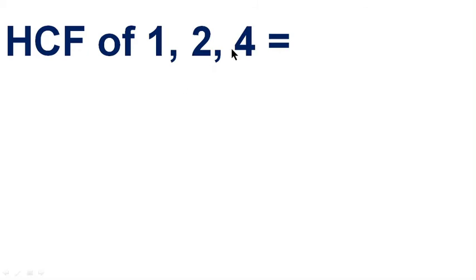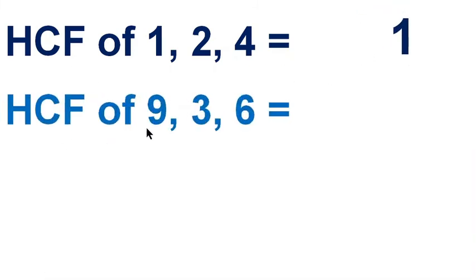Among 1, 2 and 4, 1 is smaller and 2 is divisible by 1 and also 4 is divisible by 1, so our highest common factor is 1. Here 9, 3 and 6, 3 is smaller and 9 is divisible by 3, and 6 is also divisible by 3, so our highest common factor is 3.